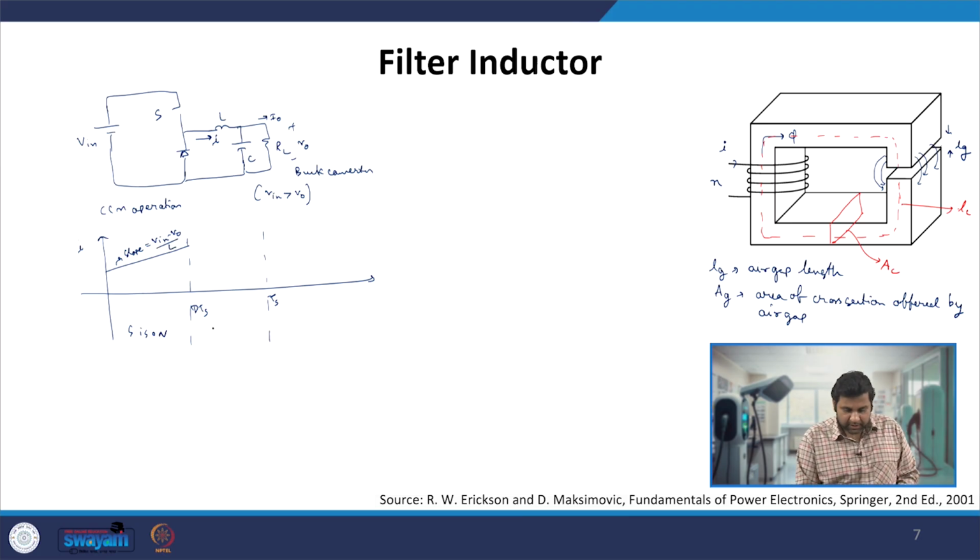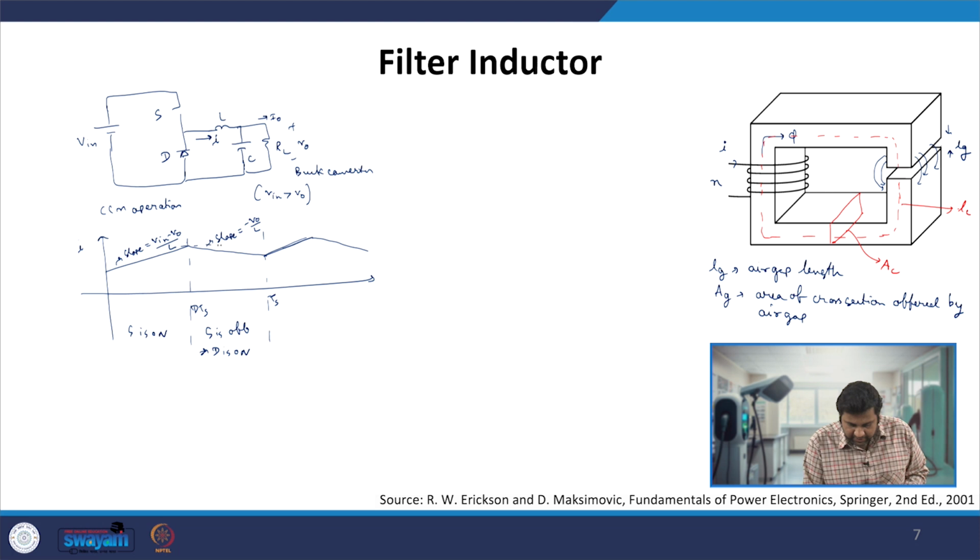At this point S is off, and that is when D is on, in order to ensure the inductor current gets a freewheeling path, and that is when the inductor current falls with a slope equal to minus V naught by L, and this continues like this.